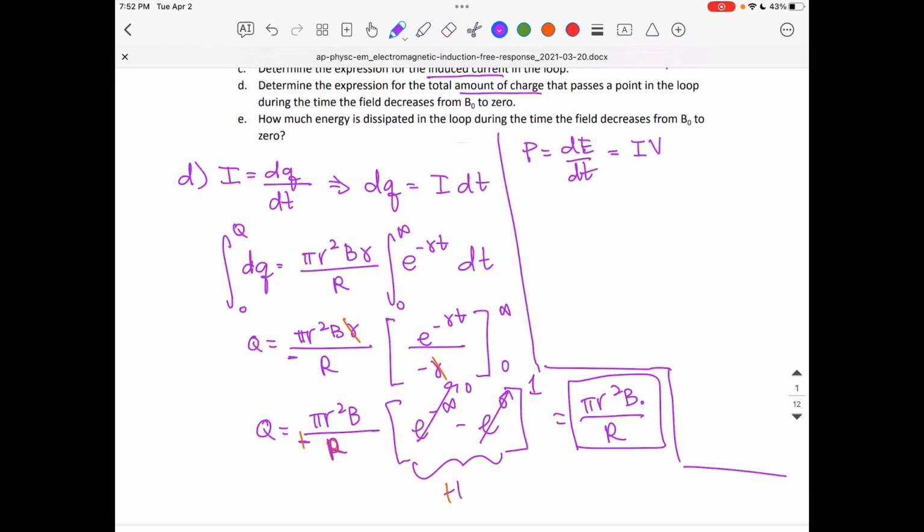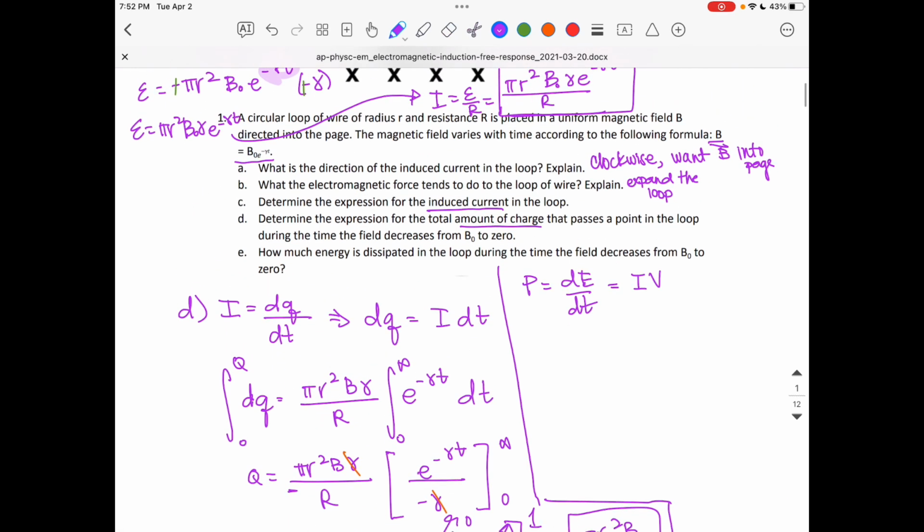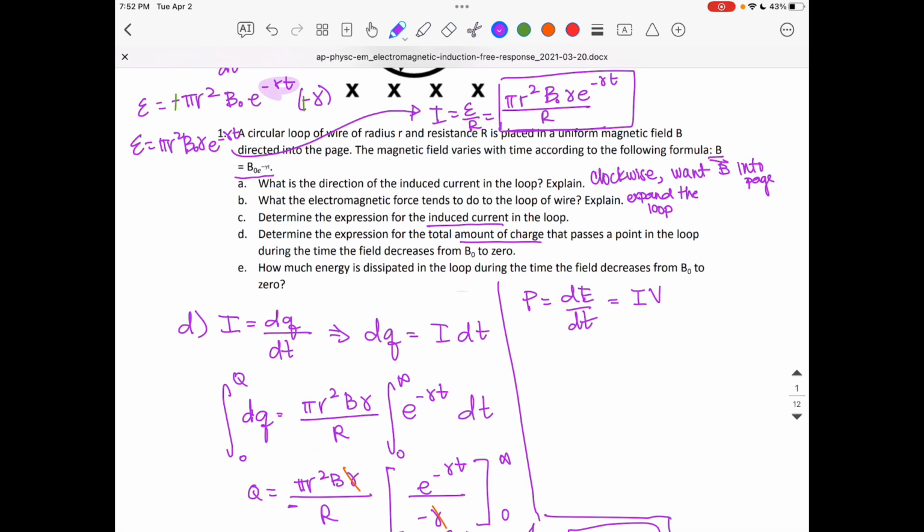that is up here. Pi r squared B naught gamma e to the negative gamma t over R. And we are going to take our voltage equation, which is right here, pi r squared B naught gamma e to the negative gamma t.